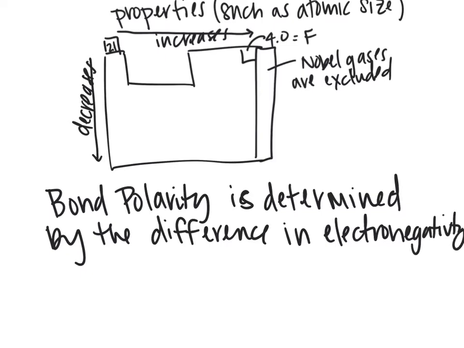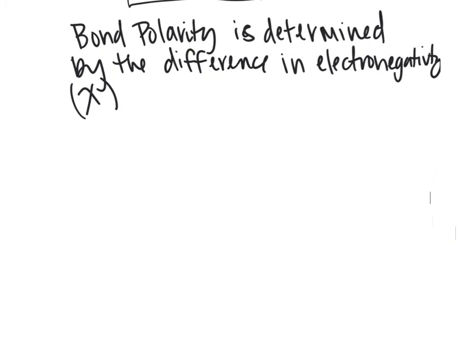Some people, myself included, like to use the symbol chi for electronegativity. So we can think about the chi value difference. To classify the differences, let's look at a couple of molecules.